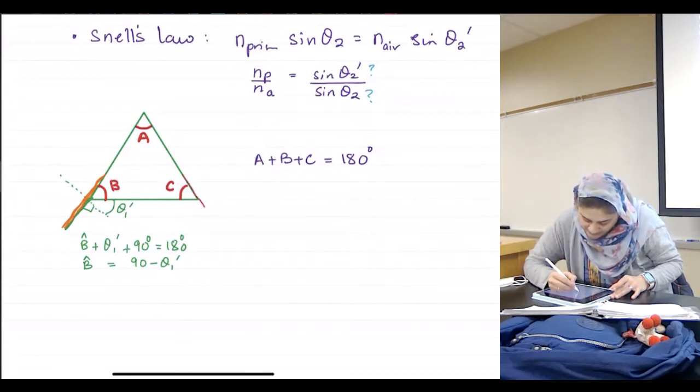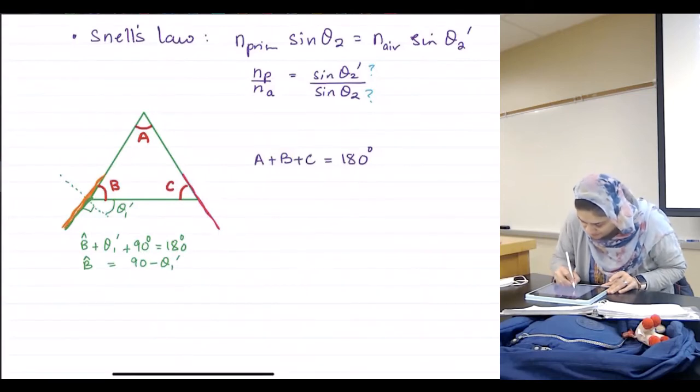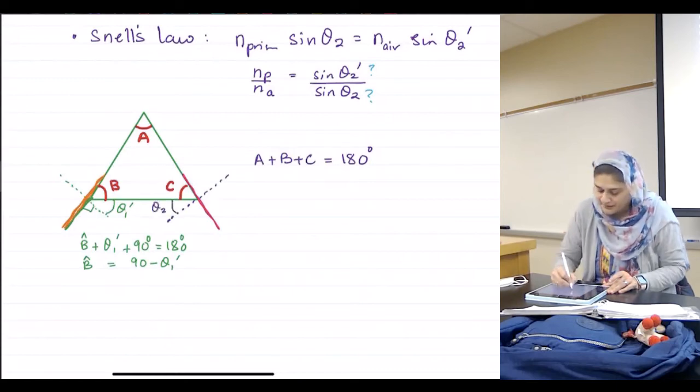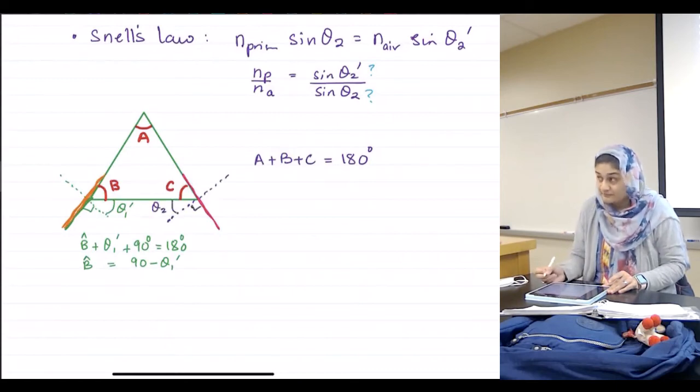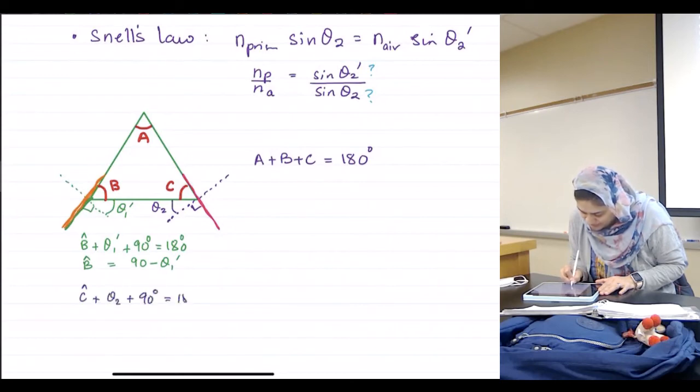So I have this angle here. And there was a line, which was normal. And this angle was called theta 2, and that's 90 degrees. Following the same logic, can I do C hat plus theta 2 plus 90 degrees equal 180?